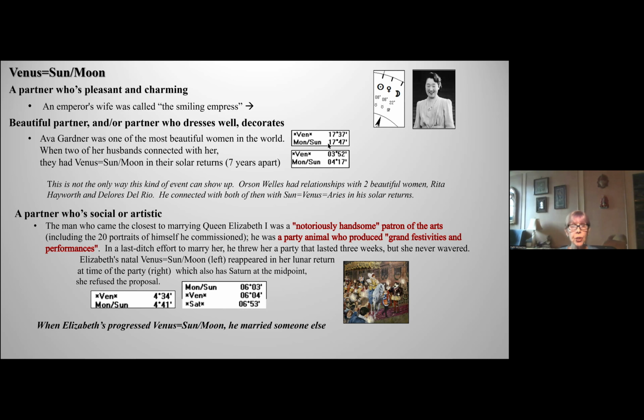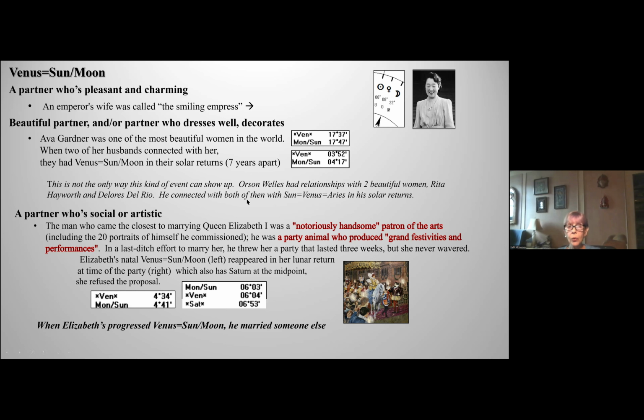So here's an illustration with Ava Gardner. Ava Gardner is the beautiful partner. She's the beautiful woman. And here are the charts of two guys who married her. Their solar returns, which occurred 7 years apart. She married frequently. And this has nothing to do with her chart. These are the solar returns of the men who married her. And when they connected with her, as you can see, they had nice, tight aspects of Venus on the Sun Moon midpoint.